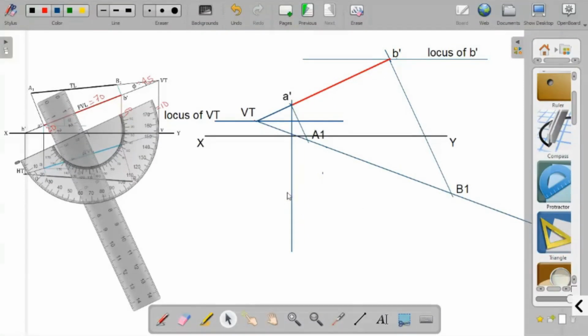Now what we have to do is this much distance, this distance that you have to measure. I am using a divider, I mean compass, to measure that particular distance. You can use your scale or any other method. This is the smallest distance that can be measured.